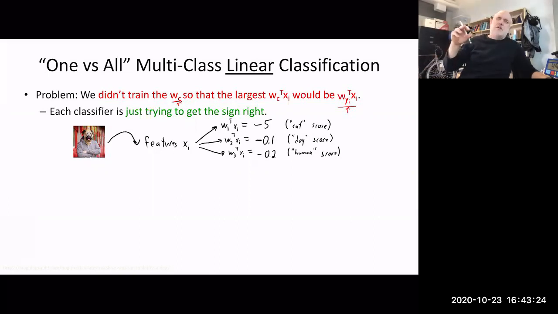We just said, what we didn't do is we didn't say the score of the true class has to be greater than the score of all the other classes. So it could be, you know, exactly like this, right?